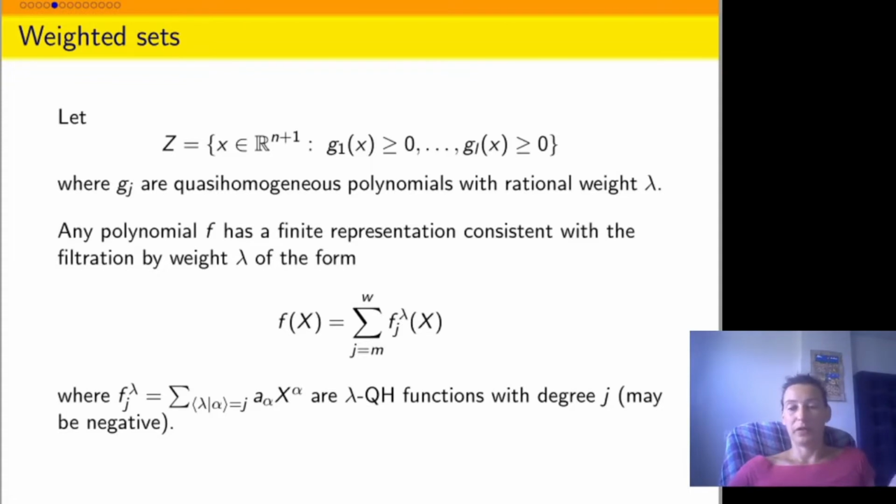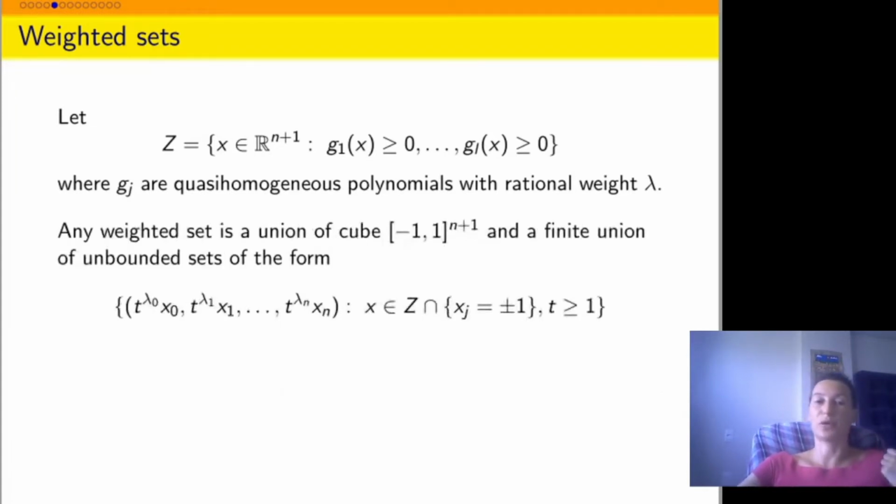So one can think about the filtration in the space of lattice points of exponents of monomials as filtration by hypersurfaces which are orthogonal to the weight vector lambda. And this is exactly how we attain the representation of f as a sum of lambda quasi-homogeneous forms.